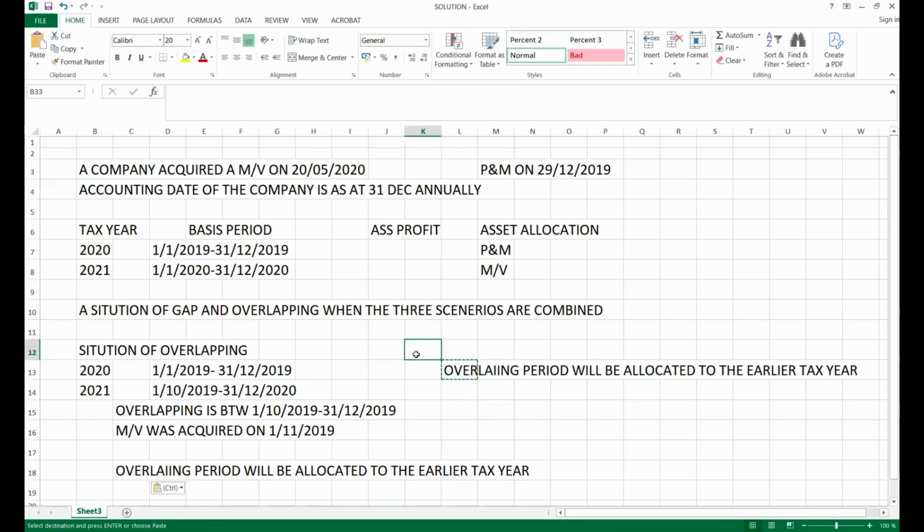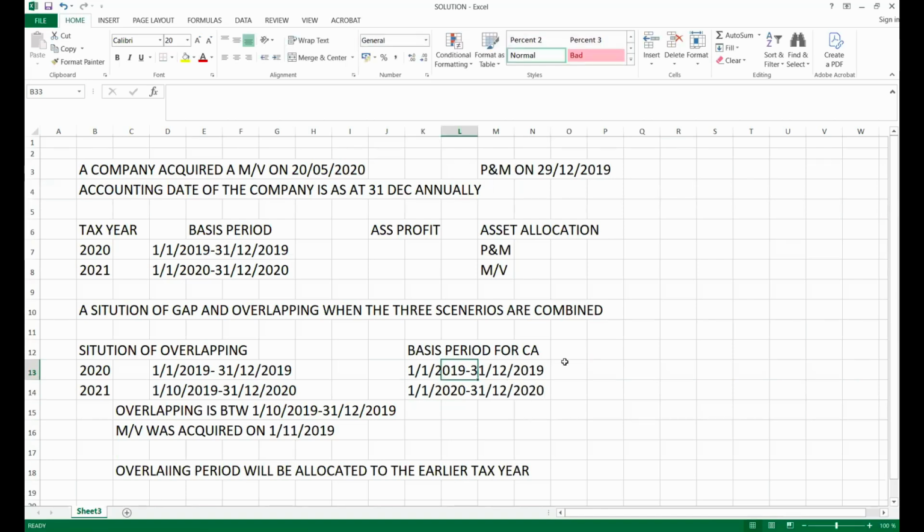What this means is that the basis period for capital allowance will now be 1/1/2019 to 31/12/2019, and this one will start from 1/1/2020 to 31/12/2020.